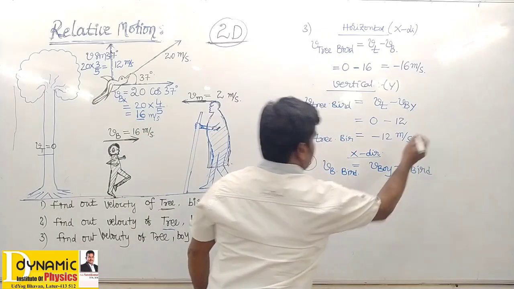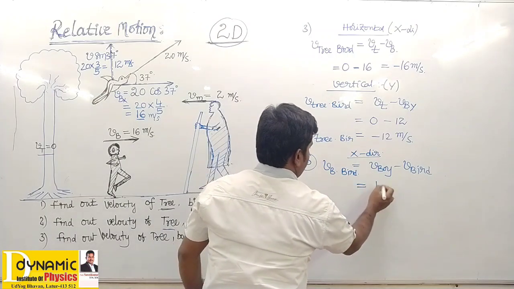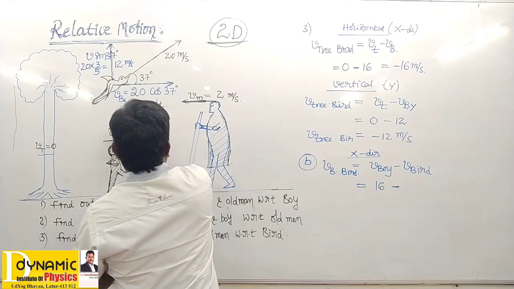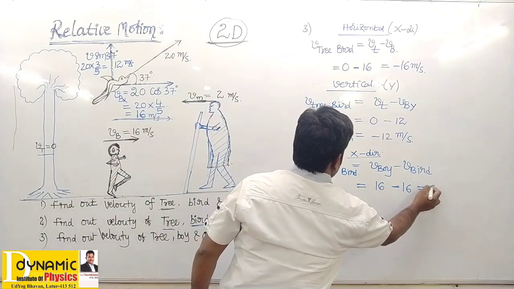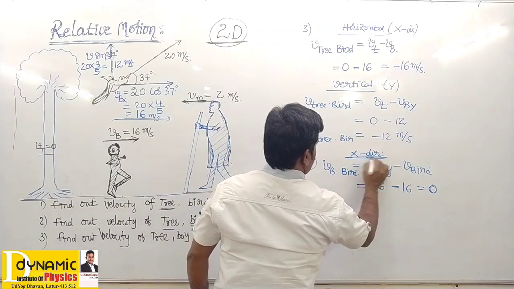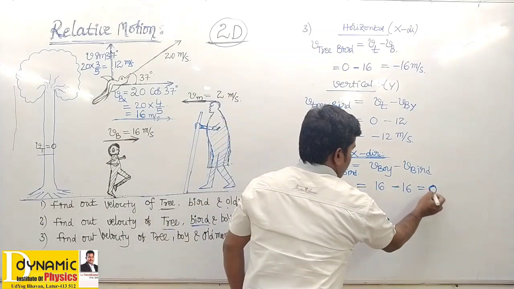V boy is 16, and the bird is also in the same direction, horizontal. Both have the same direction, so 16 minus 16 is 0. So in the horizontal x direction, the relative velocity of the boy with respect to the bird is 0.